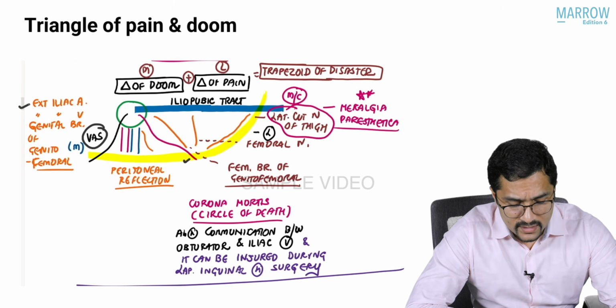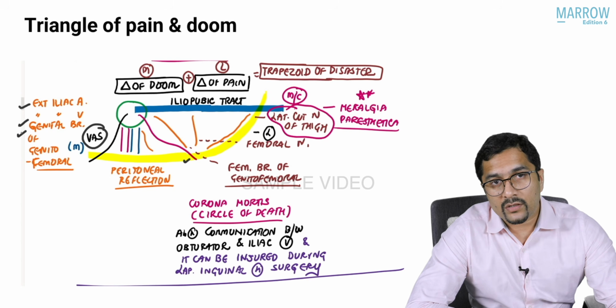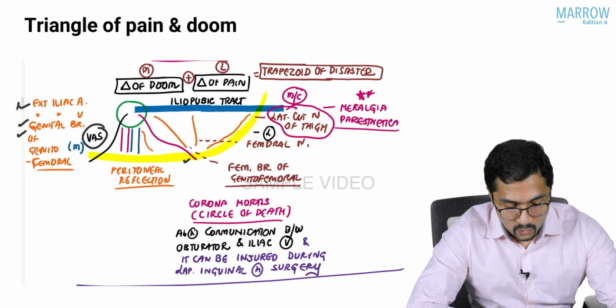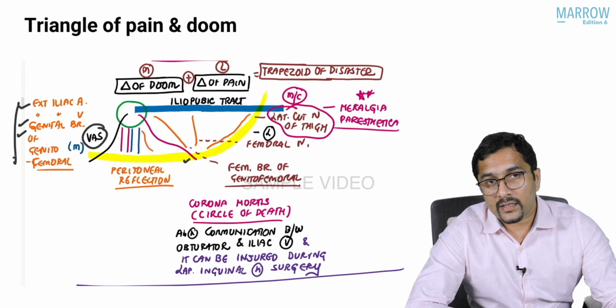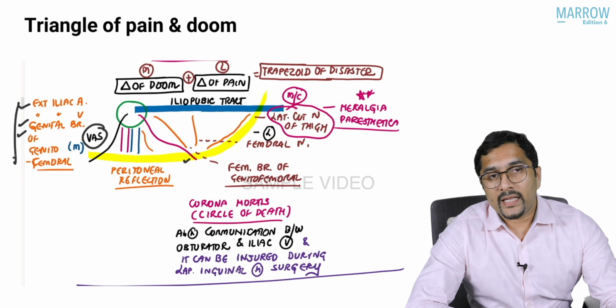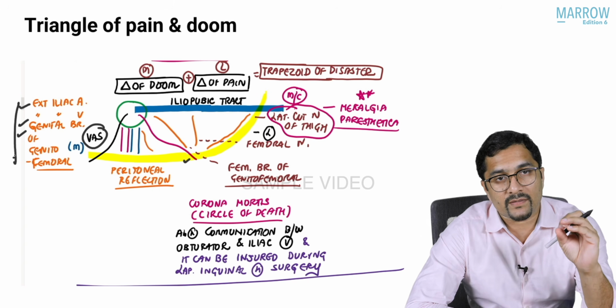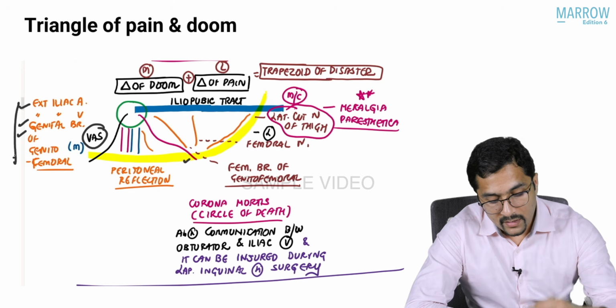It includes the external iliac artery, the external iliac vein, the genital branch of genitofemoral nerve. These are the contents of the triangle of doom. That is why in the triangle of doom, we should not place a suture or a stapler, because we can injure these vessels and there can be bleeding.